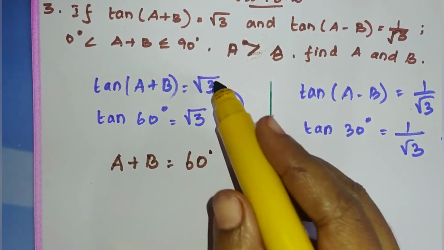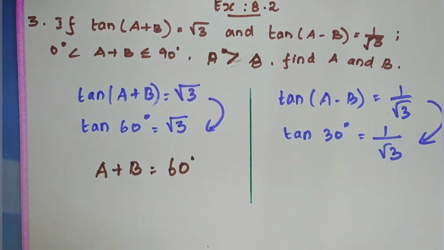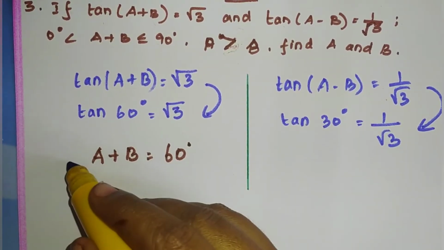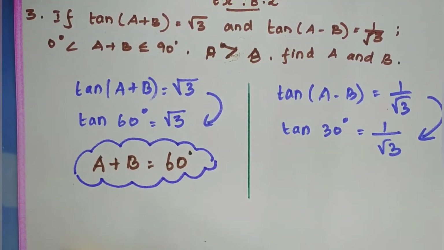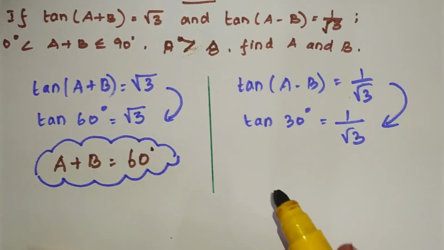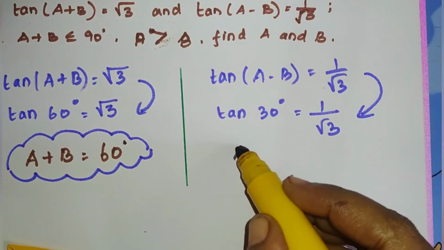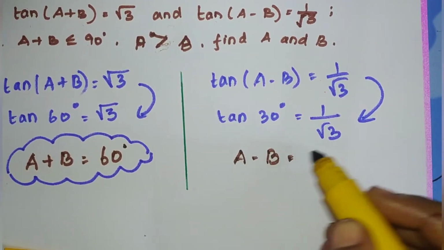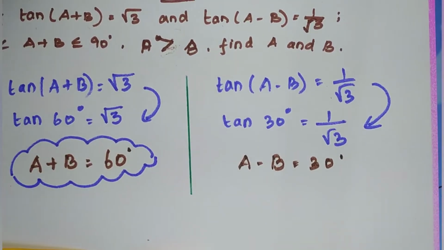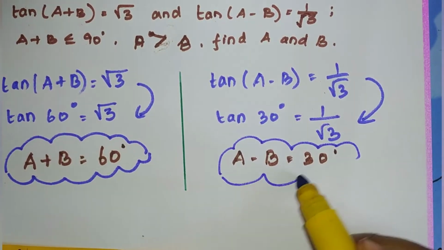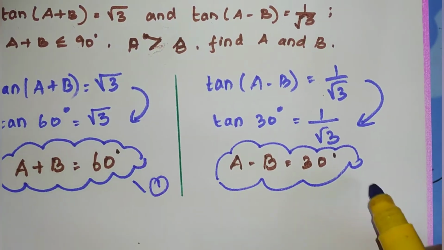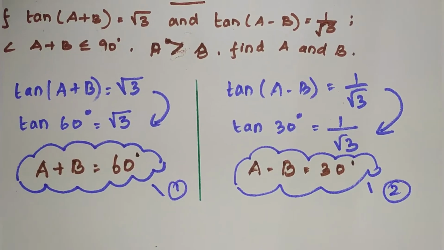Equate these two lines and write a plus b is equal to 60 degree. And then here what we will get? A minus b is equal to 30 degree. So mark this equation as 1 and this equation as 2.